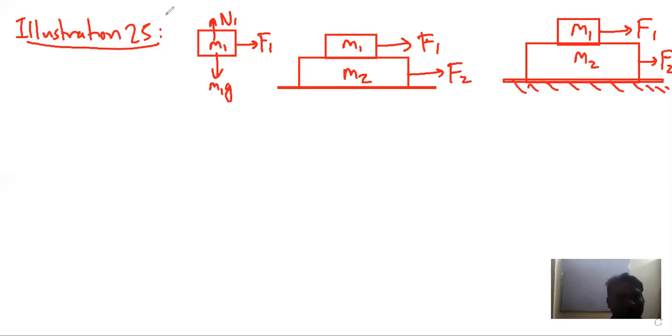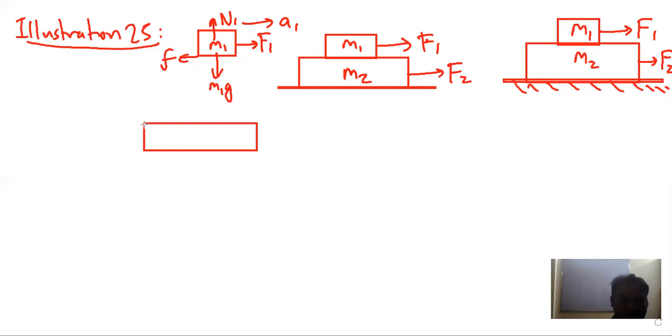Now, because of this force, let us say M1 moves in forward direction with some acceleration, let us say A1. So kinetic friction in this case, if at all there is. In this case, we have to find static friction. So static friction will be so as to keep the block at rest. The static friction will be in backward direction, let us say f.